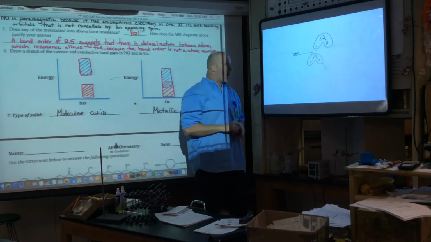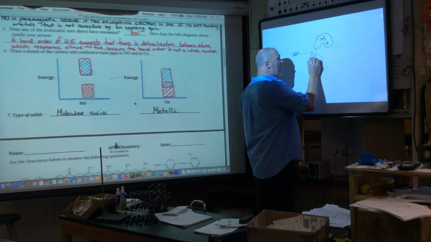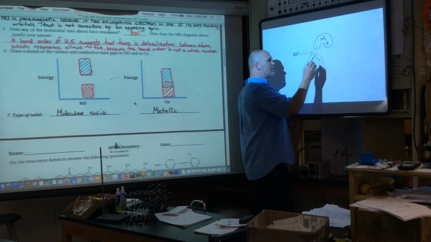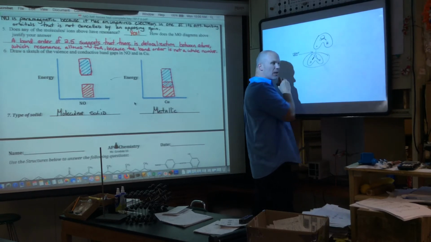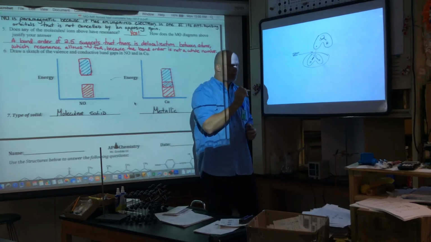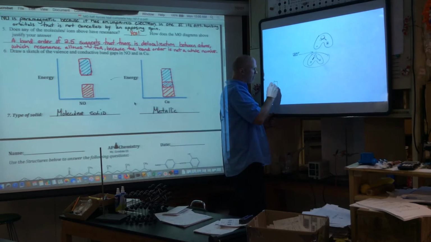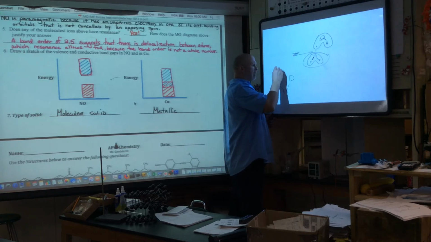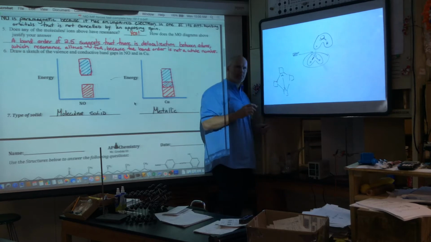So, because you have single molecules, the MO diagram would just be for a single molecule. And if you have an MO diagram of a single molecule, the gaps are going to be big between the bonding and antibonding orbitals.